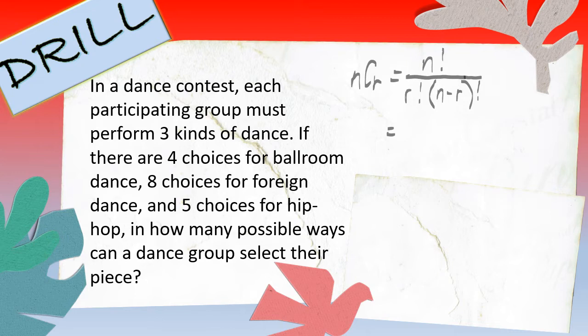So, tulad siya nung example kanina, we will multiply all the results. So, let n be the total possible ways. Equals, ayan, so, meron tayong 4 choices for ballroom dance. Isa lang ang pwedeng piliin dyan. And then, out of 8 choices for foreign dance, isa lang din.